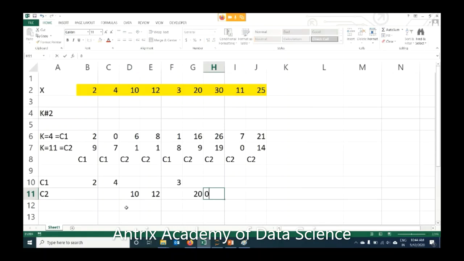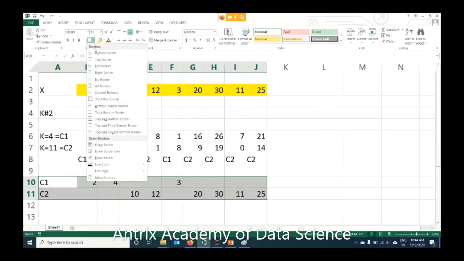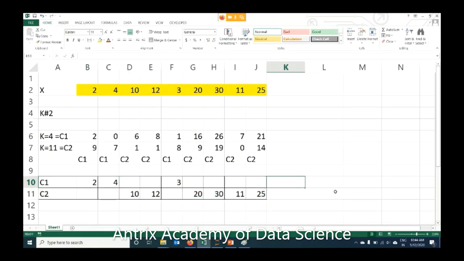Then 30 would go in C2, and 11 and 25 also go in C2. So that is the cluster available. We have made two clusters based on our K equal to 2, where K1 is 4 and K2 is 11. Now we get a mean here, so let me take the average of this.